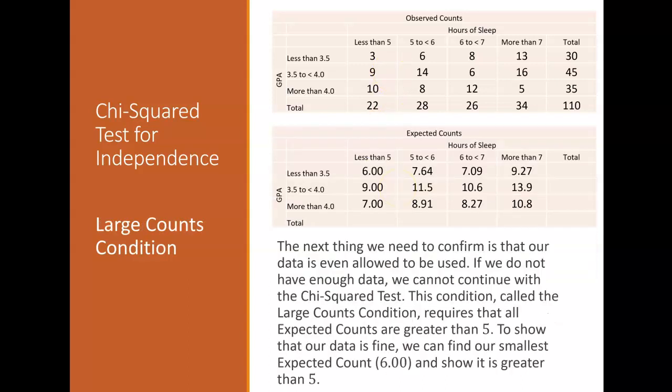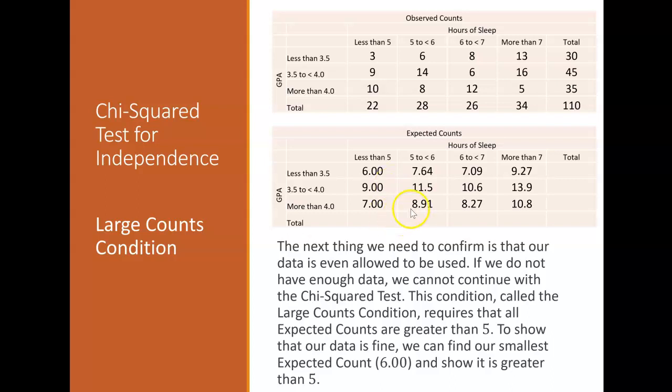The next thing we need to do is confirm that our data is even going to be valid to use. What 2 criteria do we need to meet? The same 2 criteria as the goodness of fit test, still a chi-squared: randomness and large counts.